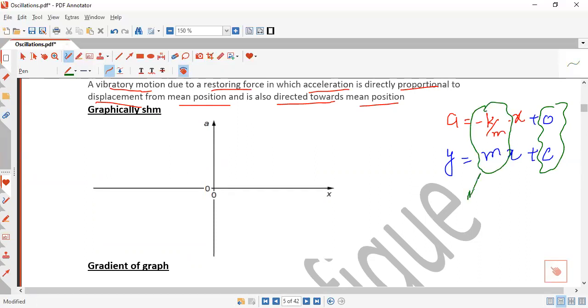Negative or positive? Negative, right? So the graph will be looking like this: a line passing through origin with negative gradient. The graph between A and X, acceleration and X displacement.